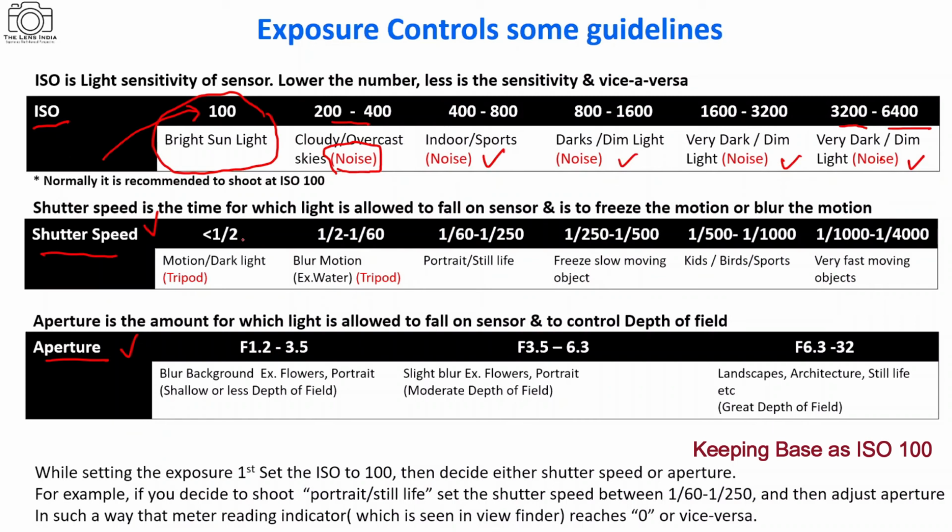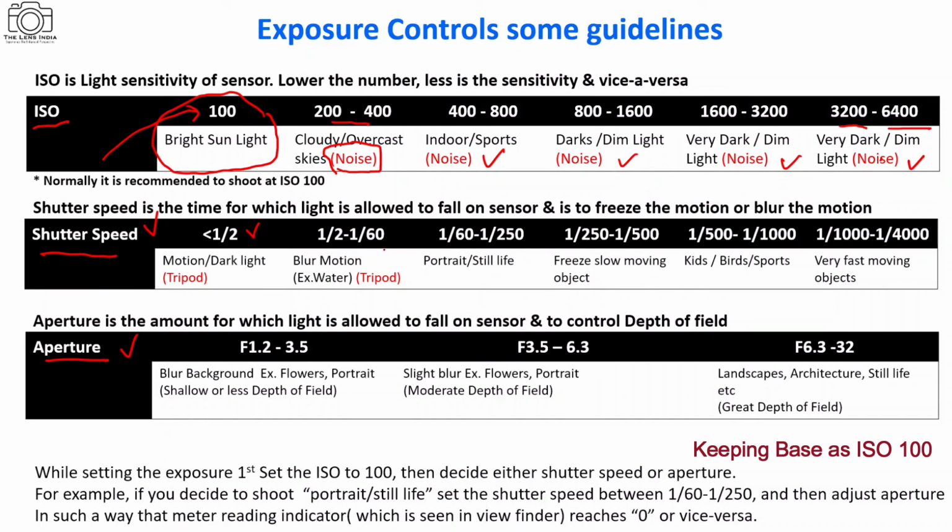Suppose we want to use a shutter speed that is a fraction of a second, that is half of 1 second, 1 by 2. This is normally used when we have a subject in motion, or a dark light scenario. In such scenarios we can set this slower shutter speed.